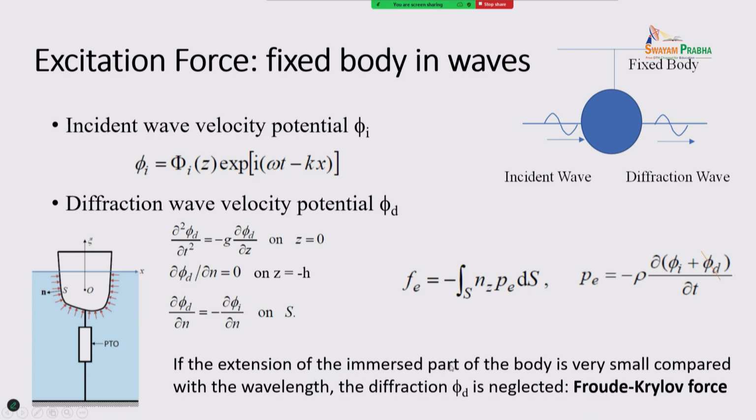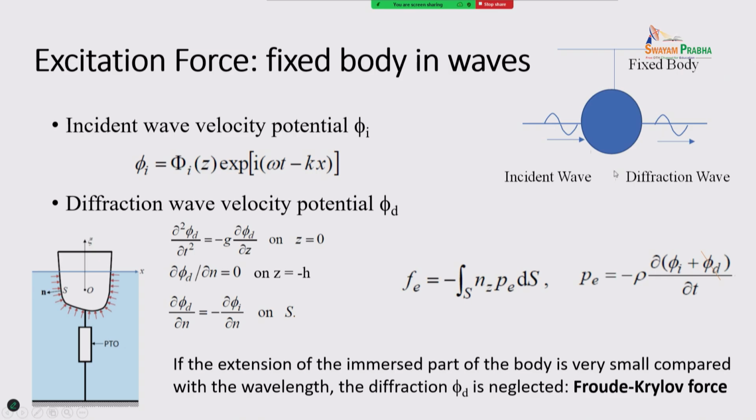If this buoy, or this body under the water, is relatively small compared with the wavelength. Most of the time it's this case. The wavelength can easily be 80 meters, but your buoy is probably 0.8 meters, or 2 meters, which is small by comparison.